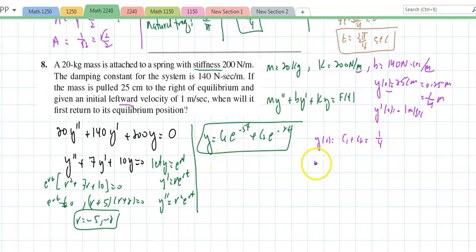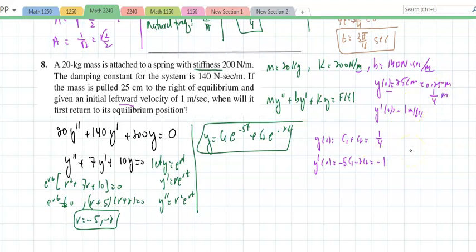And y prime of 0, you take a derivative. Wouldn't that be negative 5c1 minus 2c2, and that equals, what did they say? That is 1/4 of a meter, and that is a negative 1.